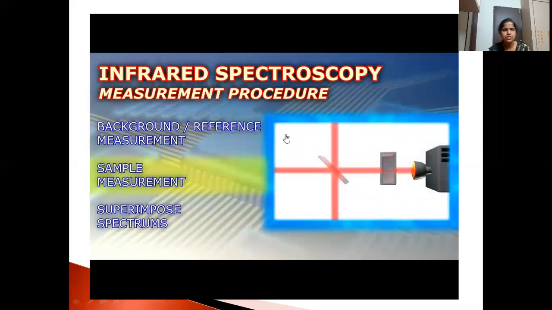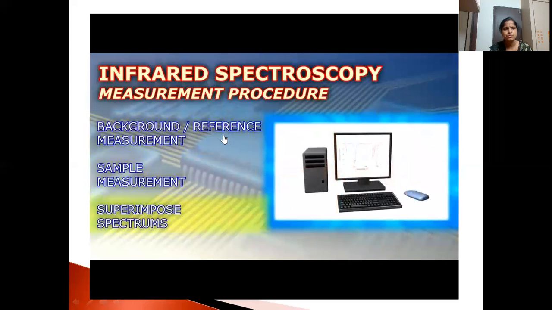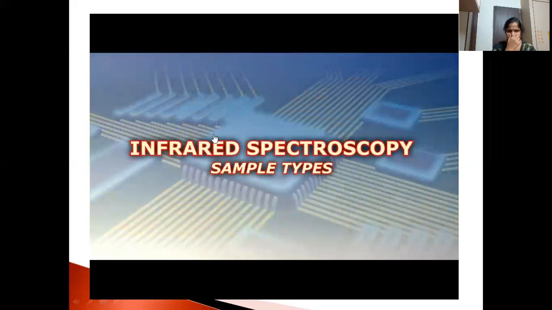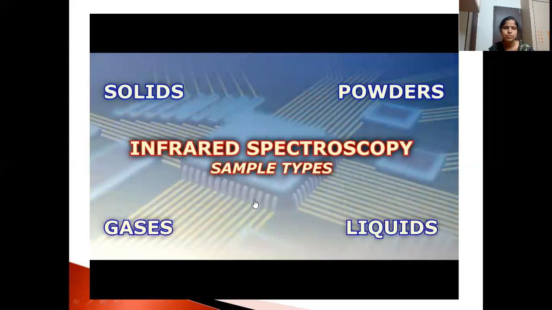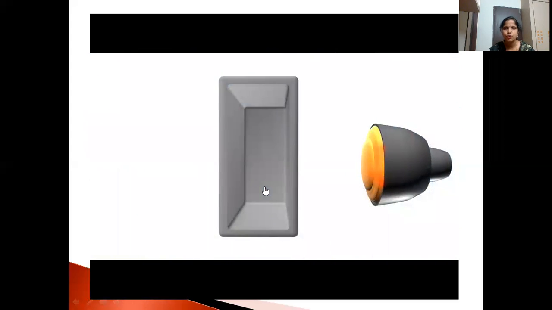For the sample measurement, first we have to do the background or reference measurement, then the sample measurement, and after that superimpose the two spectra. First we have to prepare the samples. What are the different types of sample preparation? We can have solids, liquids, gases, or powders.